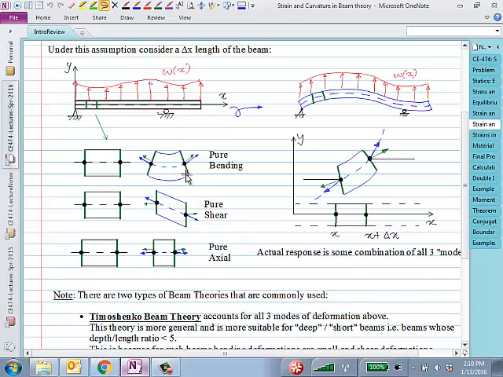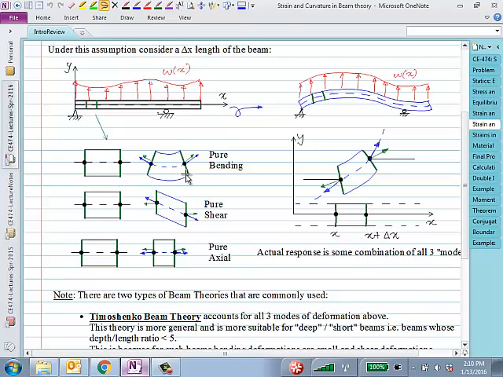If you look at any two adjacent cross sections, those adjacent cross sections are doing something like this here, this here, this here, and so on. So almost all of the deformation for a slender beam is through bending. There is shear deformation, but very negligible. On the other hand, if I flip the beam over, now it becomes a deep beam. If I try to apply the same moment here, the deformation is not too much.